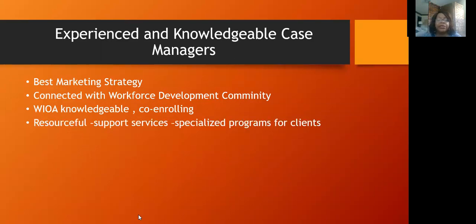Okay, so again, you want to make sure that they're resourceful and that they take advantage of the specialized services for this specialized group of individuals. So what does that mean?